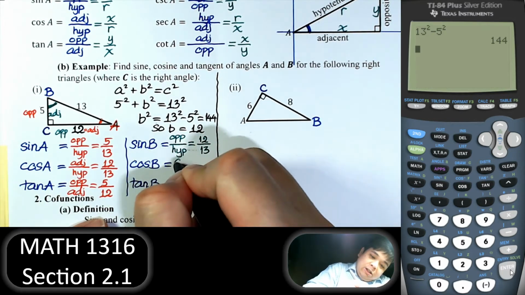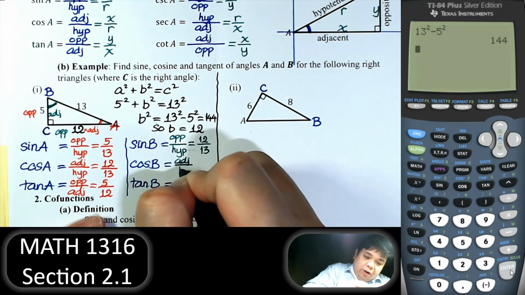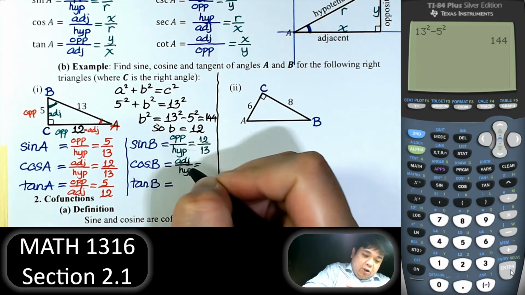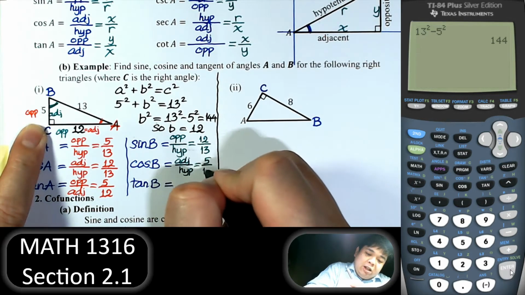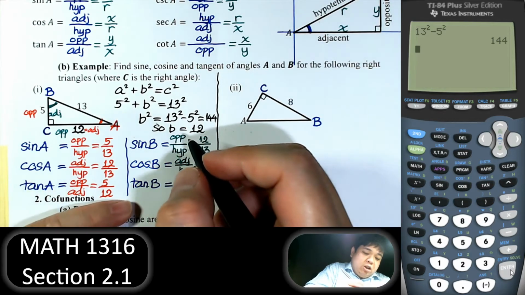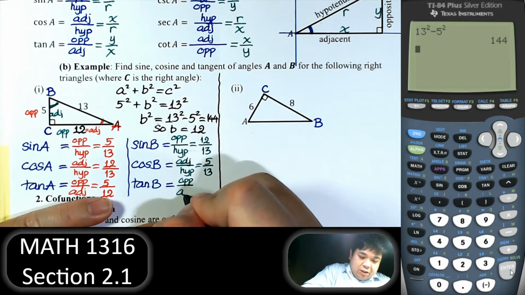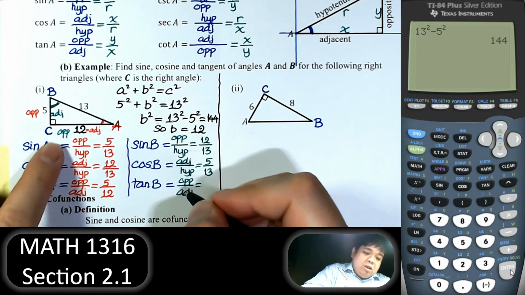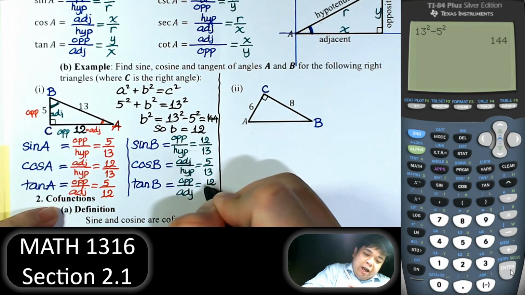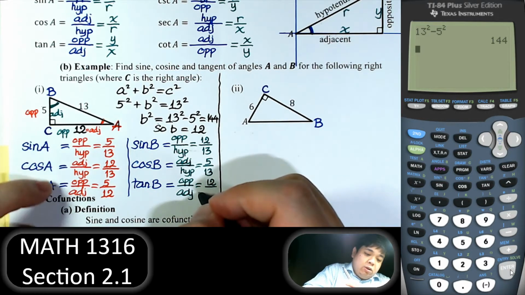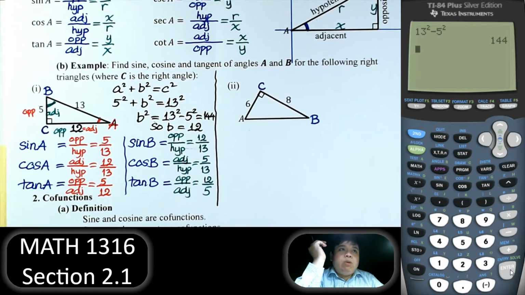Cosine is adjacent over hypotenuse: adjacent to angle B is 5 over 13, the hypotenuse. And tangent of B is opposite over adjacent: opposite to angle B is 12, and adjacent to angle B is 5. So that's pretty straightforward.